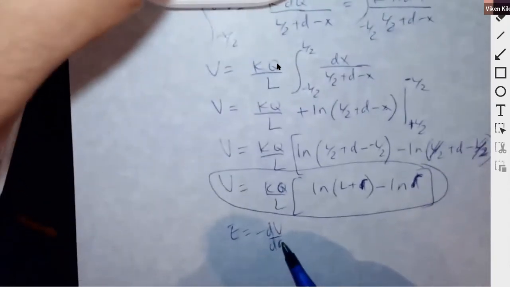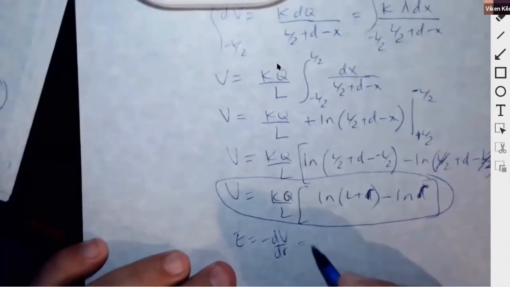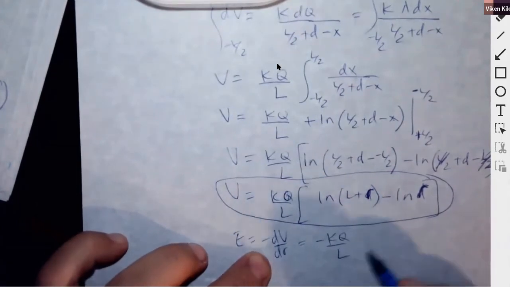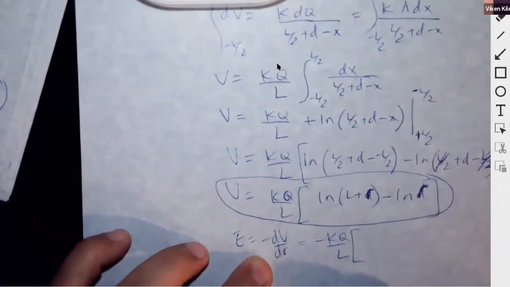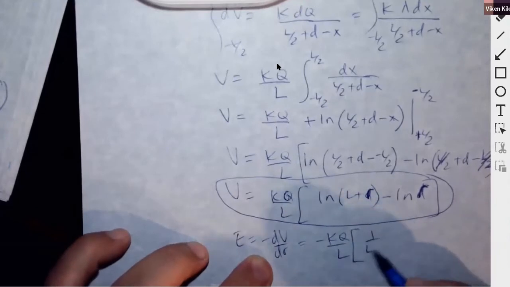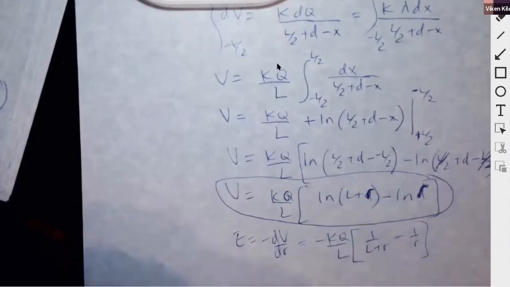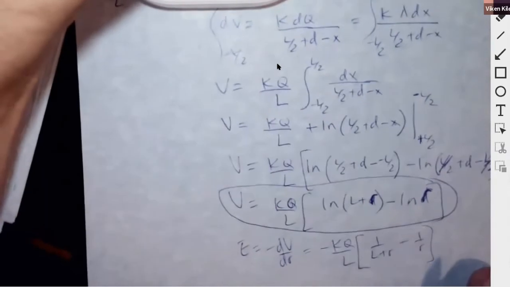So what would negative KQ over L, what would be the derivative of that? That's just easy, right? 1 over L plus R minus 1 over R. Right, so minus 1 over this, minus 1 over this. Then you got the other minus because of the negative dV dr.